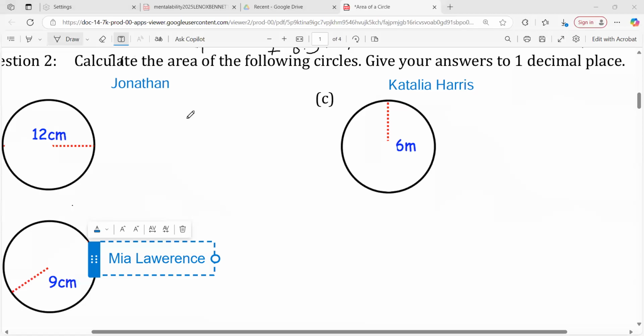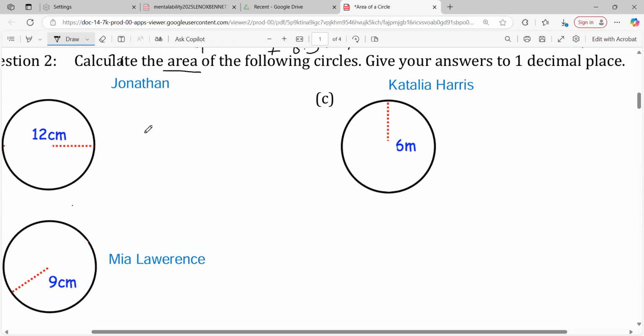All right, sir. So first things first, what I did, sir, is find the formula. Look at this, for area we're doing area, right? Yes, sir, the formula would be pi r square, sir.